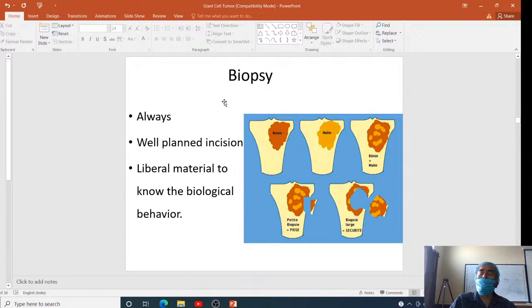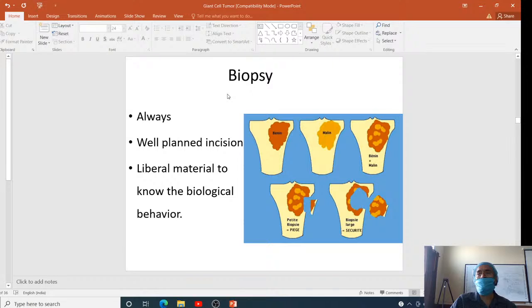If your center is ill equipped, or you don't have any exposure in doing this onco surgery, then for God's sake don't do biopsy with your ill advised incisions and send the patient to higher centers. So the incision also should be very well placed, and it can be extended when you are doing a definitive procedure.